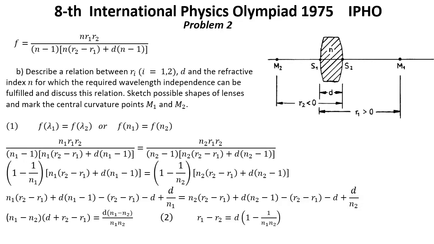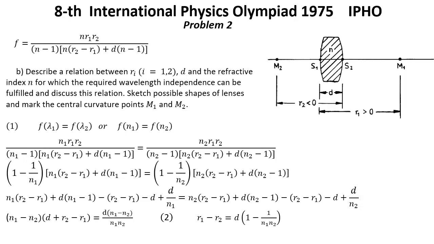R1 minus R2 equals d multiplied by 1 minus 1 over n1 n2. If the values of the radii R1, R2 and the thickness satisfy this condition, the focal length will be the same for two wavelengths, two indices of refraction. The parameters in this equation are subject to some physical restrictions.